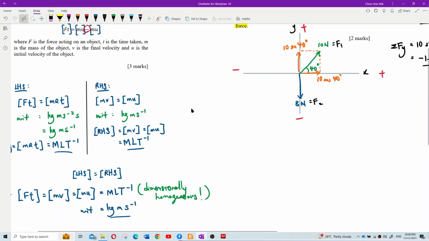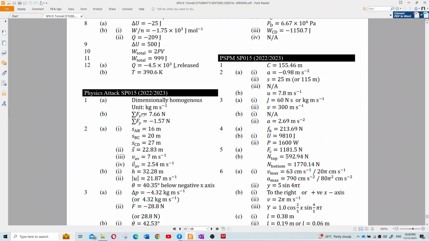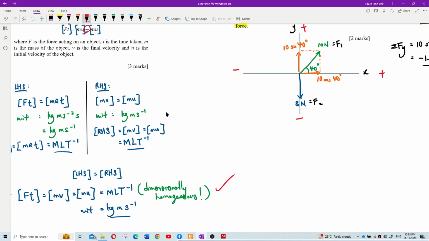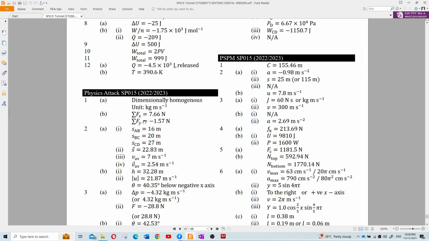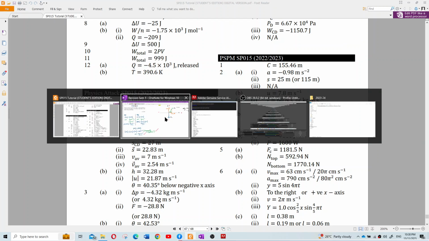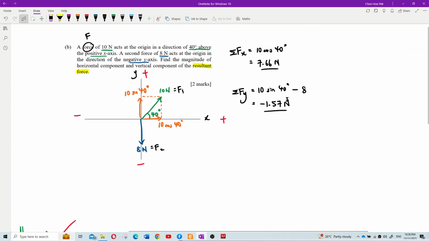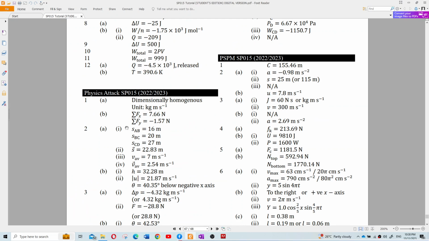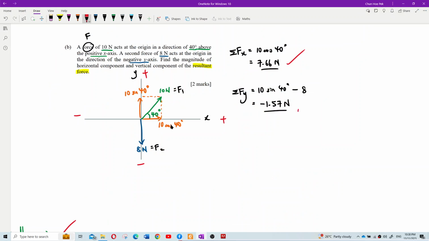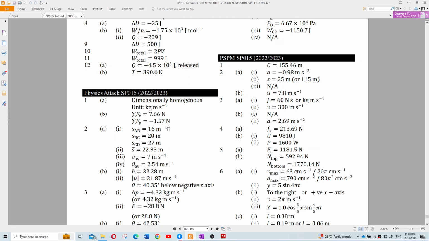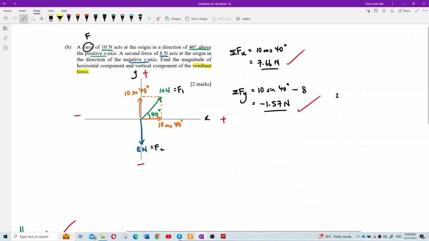And unit kilogram meter per second squared, that's right. Then total Fx is 7.66, and then total Fy negative 1.57. That's right, class. So that's all for question 1.